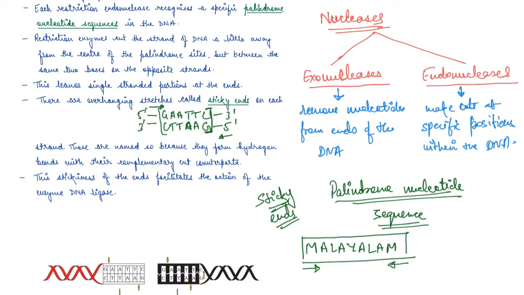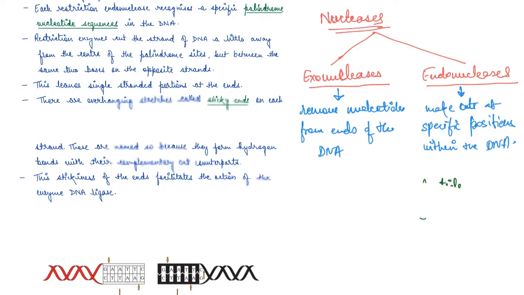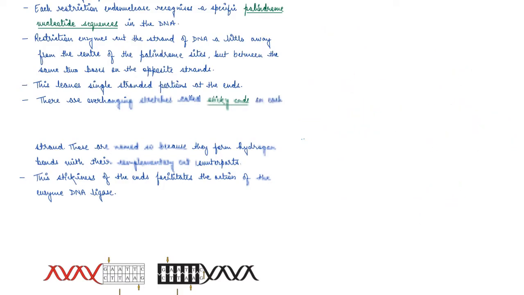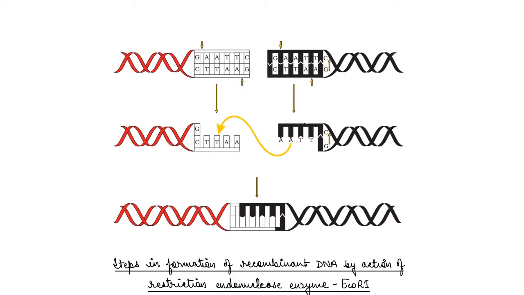So, let's see how these restriction endonucleases actually work with the help of a diagram. This is how the restriction enzyme is going to work. Say this is the vector DNA and this is the foreign DNA, right? Now the enzyme EcoR1 cuts both DNA at the same site.